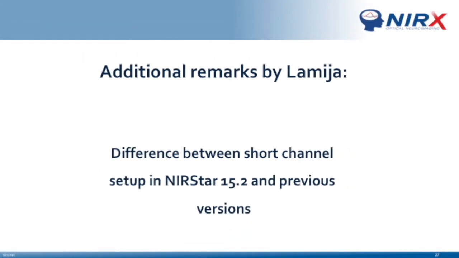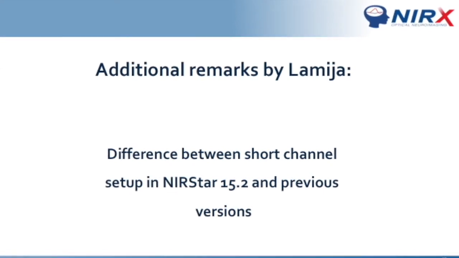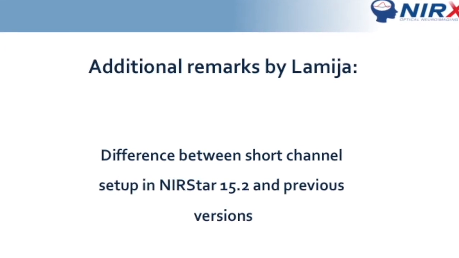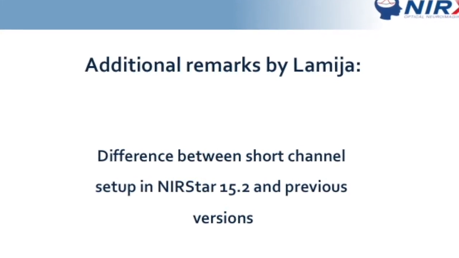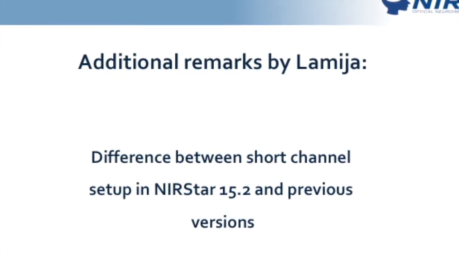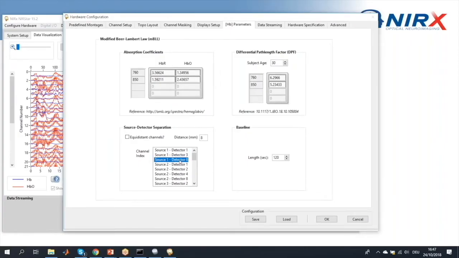Who of you had the previous version of NIRStar that already partially enabled short channels, but not completely? There is a difference. Before, in the previous version of NIRStar, if you wanted the online visualization, the online calculated data of hemoglobin, you had to manually input that the distance is 8 millimeters. This is done exactly here where Mahipal is showing. So you go under hardware and HB parameters. In the earlier version, this was not set.